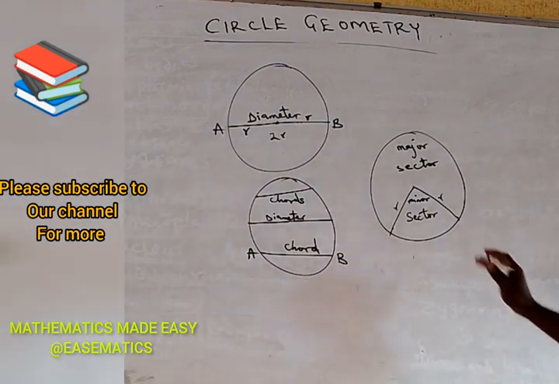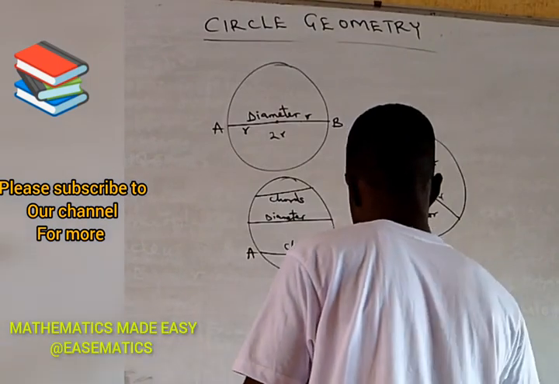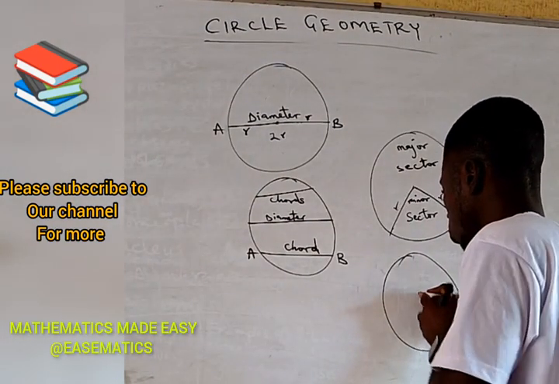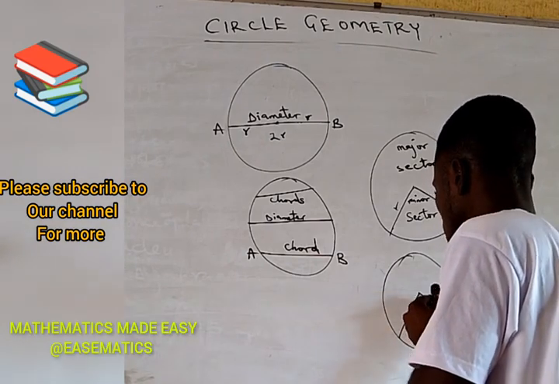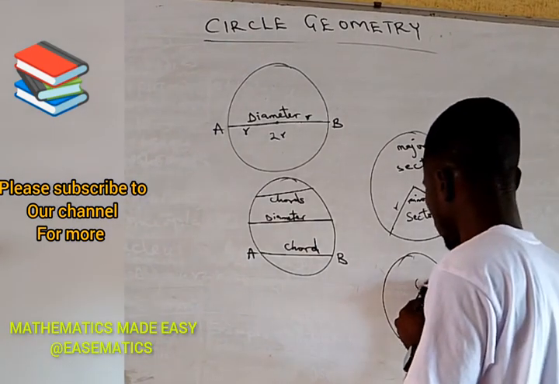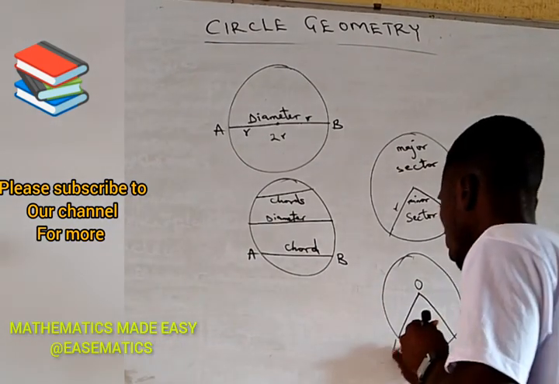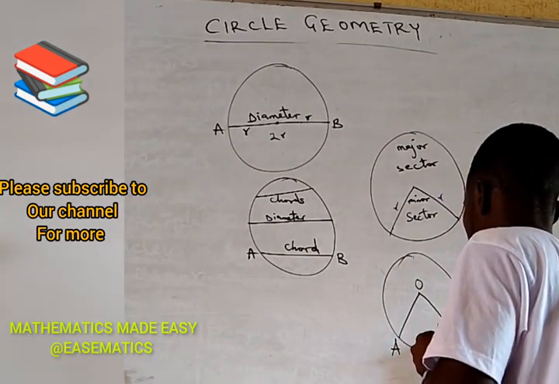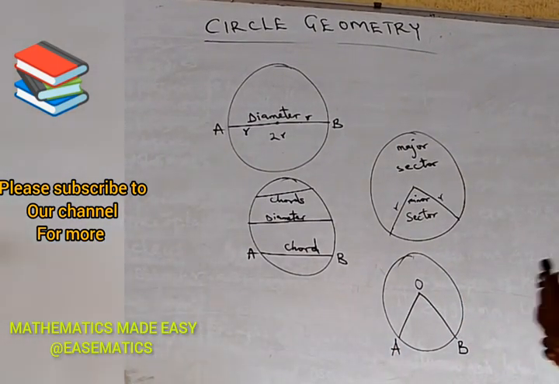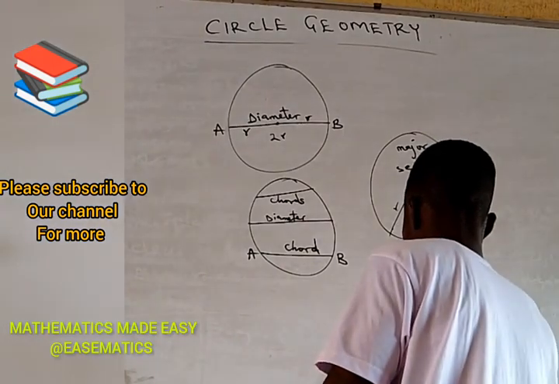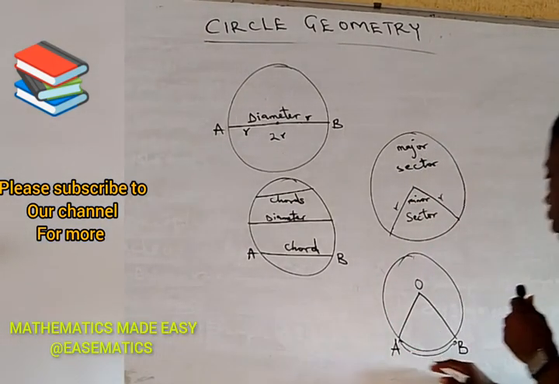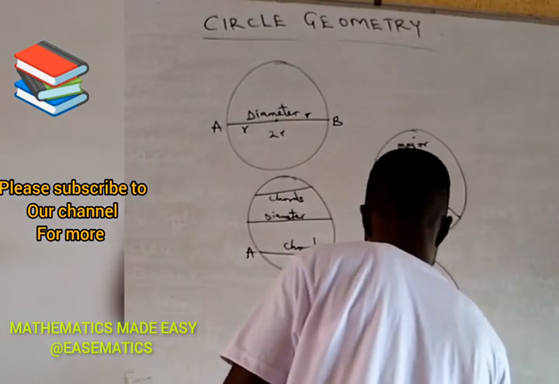Now, having known about this, we talk about another part of a circle. Still, we don't do away with the center of the circle, which is here. Assuming I have this center of the circle as O, I have this part as A and I have this part as B. This from A to B here is called an arc.